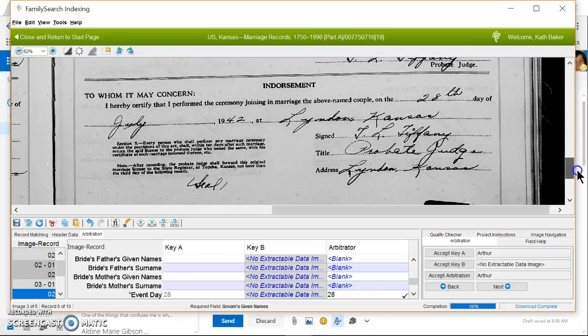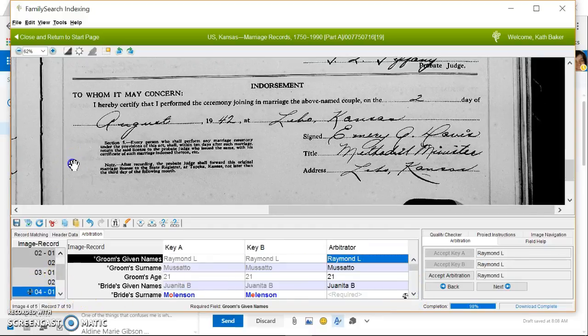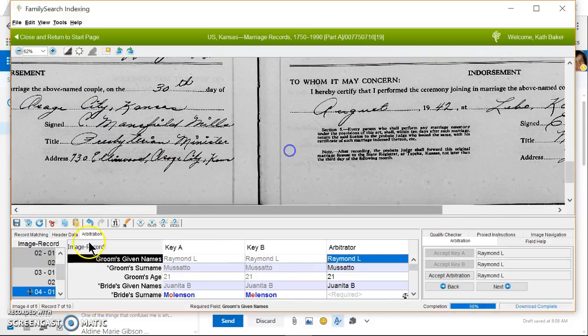And so I say continue on. So here is where the ceremony was performed, the marriage ceremony, the actual marriage date, 28th of July, 1942, in Linden, Kansas. And then we know how to arbitrate the following ones. We just look and say, do we think that's an E or an O?